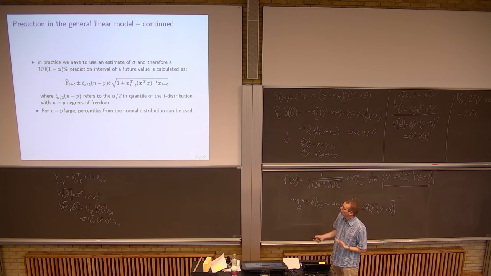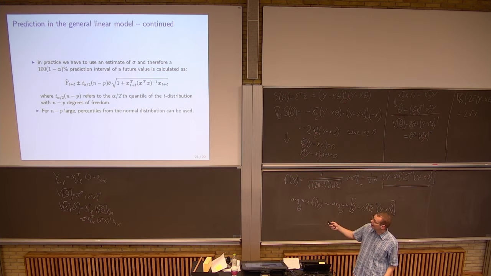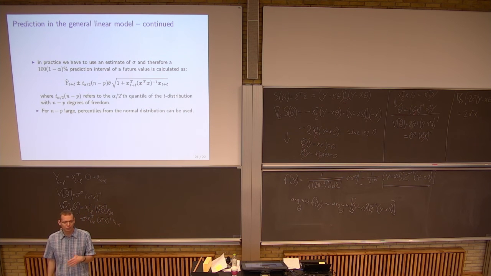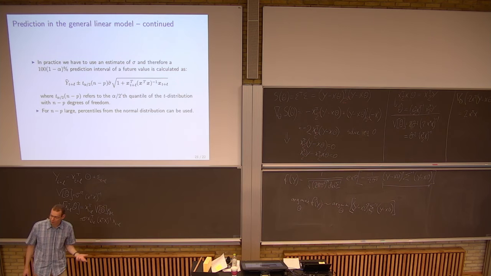The typical way to do that is to say that if you want to make a prediction interval with some coverage, you look up the relevant quantile in the t-distribution with n minus p degrees of freedom. Now, if n is sufficiently large, you can just use the normal distribution assumption and use 1.96 as your factor there, or you could just use the number 2.